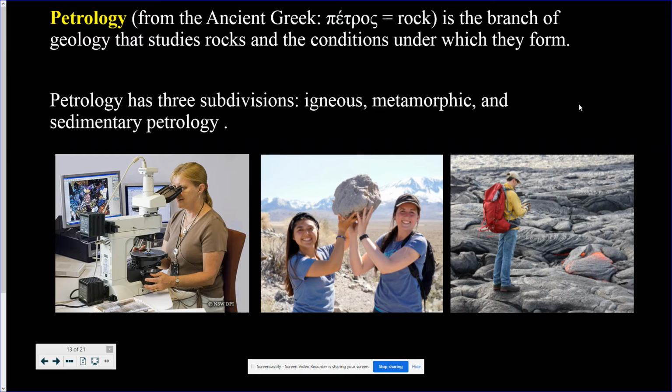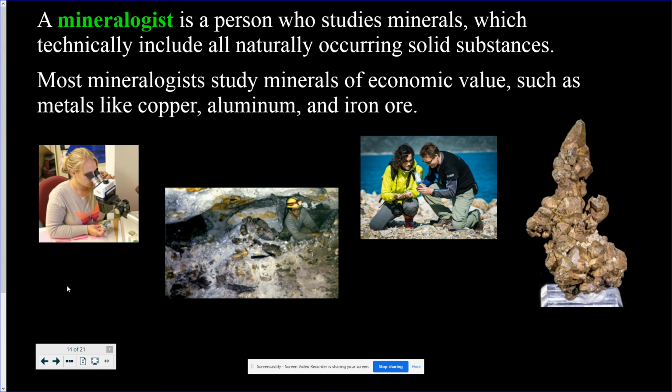And maybe if you're a volcanologist, you could study rocks that are made by volcanoes, which would be extrusive igneous. Now, if you like minerals, like I liked minerals, I was just fascinated by minerals, especially big samples of minerals, then you would be a mineralogist.